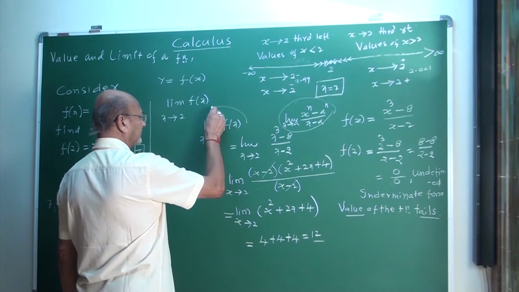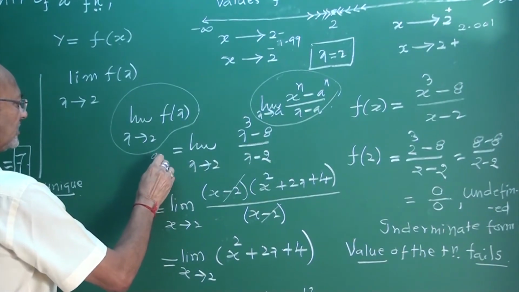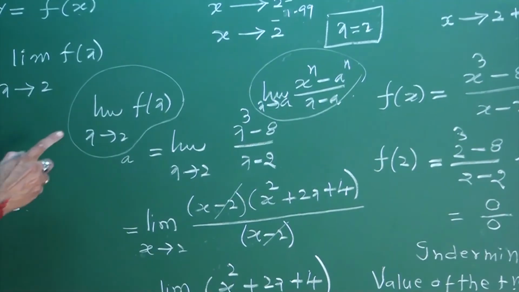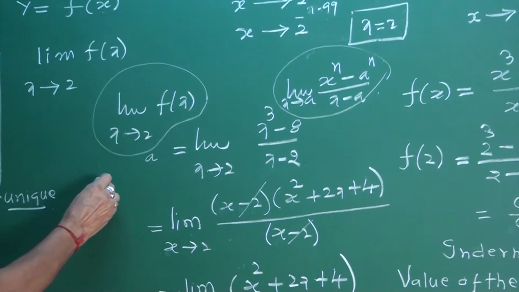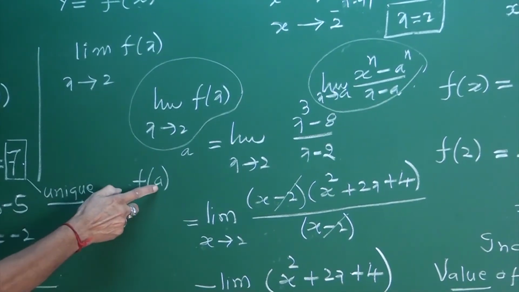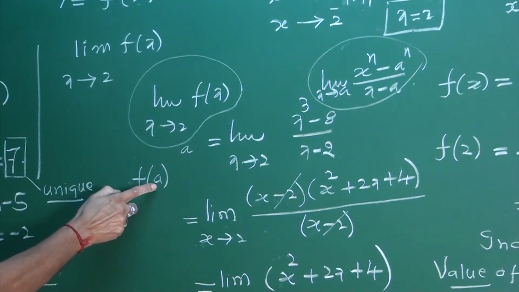This is a way of writing the limit of f(x) as x tends to 2, or in general x tends to a. This is the limit. This is the value of the function, f of a, the value of the function at x equal to a.